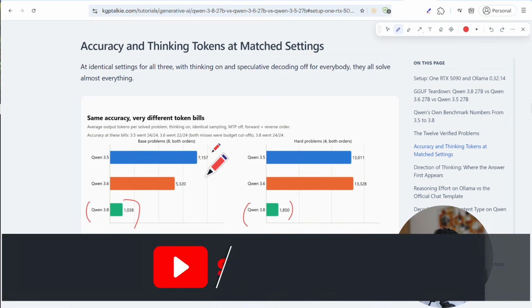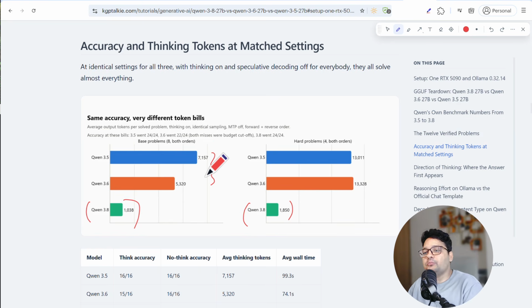Whereas you will notice Qwen 3.5 and Qwen 3.6 really wasted like 5,000 to 7,000 tokens. This is like 5 to 7 times more tokens. Similarly, on the hard problem, you are noticing here again 5 to 7 times more tokens. So you can understand, if they are taking more tokens, that means they are going to take more time and also they are going to be costly.